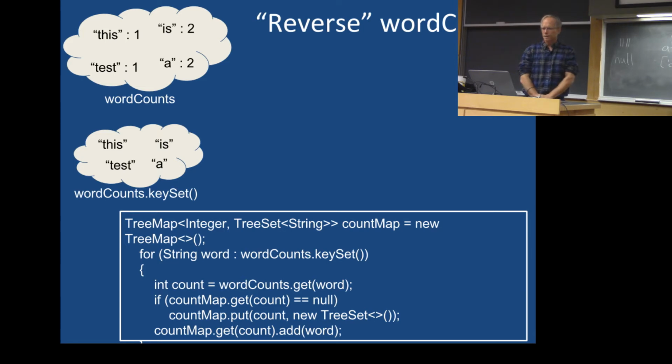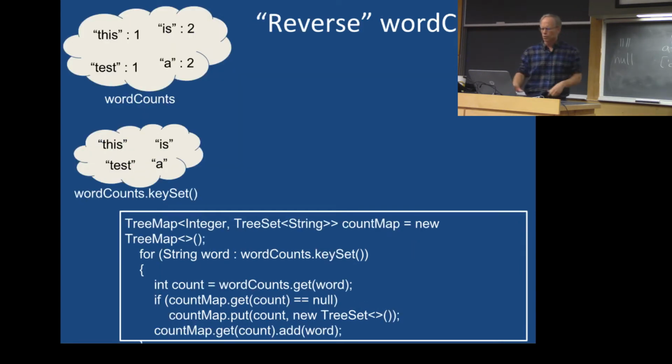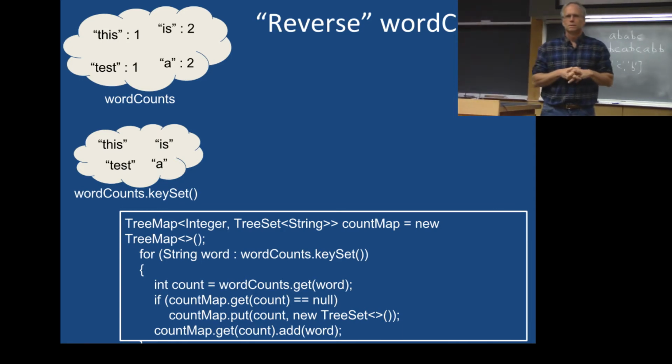Why a set? On this slide here, we created a tree map that maps strings to integers. On this one, we're creating a tree map that maps integers to sets of strings. Where did the set come from? Yeah? You can have different words that occur the same number of times, so you want to be able to include all of them. Okay.